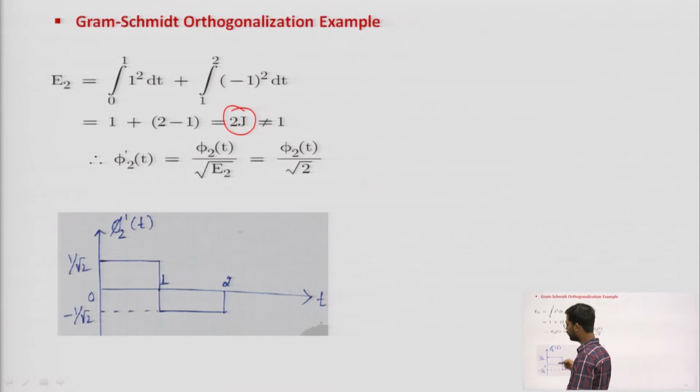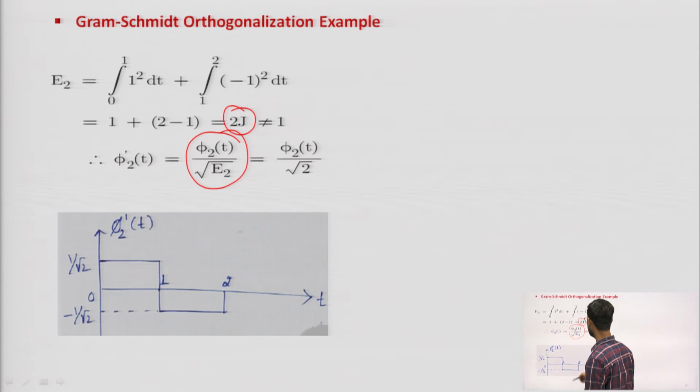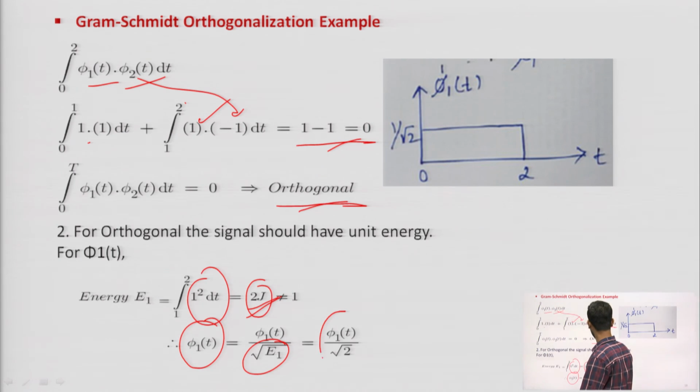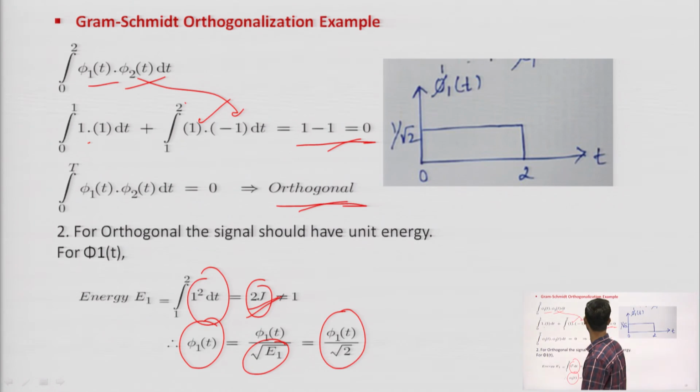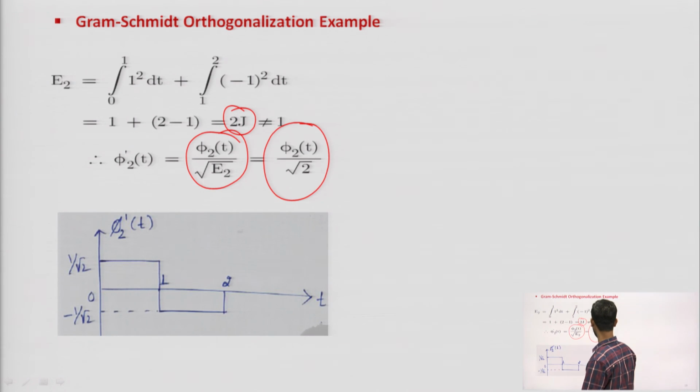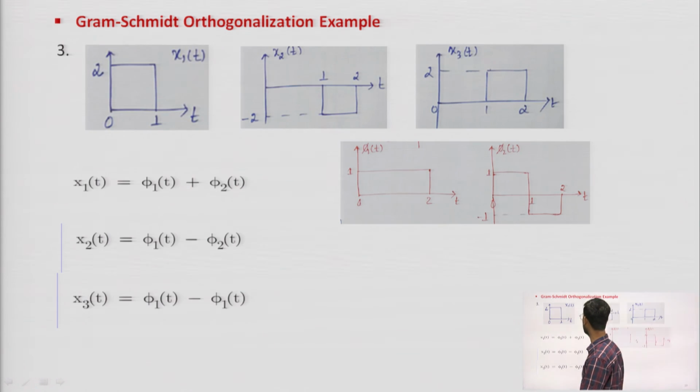So phi 2 dash(t) is phi 2(t) normalized with root E2. Dividing phi 2 by root 2, I get 1 by root 2 and minus 1 by root 2.